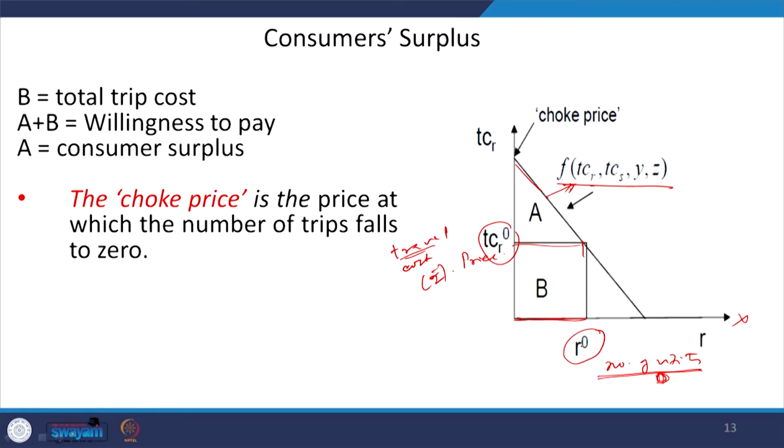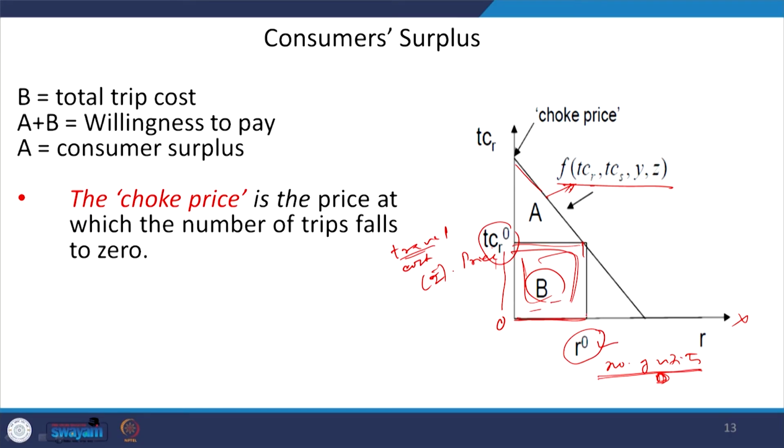If the price is this much, 0 to TCR0, then the total trip cost for visiting R0 times to this particular site would be this area, which is represented by B.